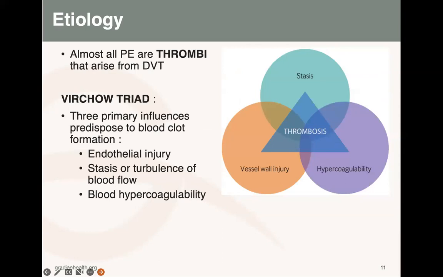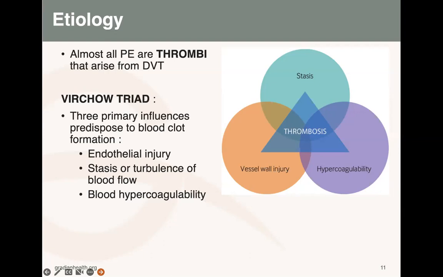One of the factors could be stasis or abnormal flow of the blood. For normal flow, the blood has to flow back to the heart via the veins, with the aid of the valves and the muscle movement. For example, the contraction of the muscles helps to squeeze the blood back to the heart.